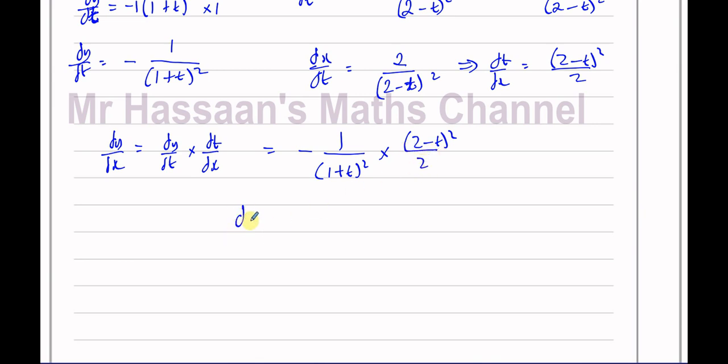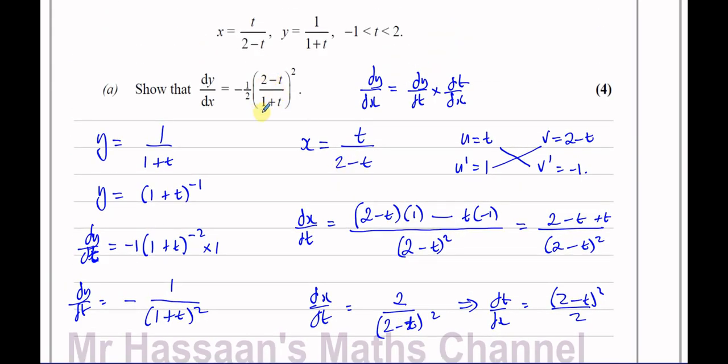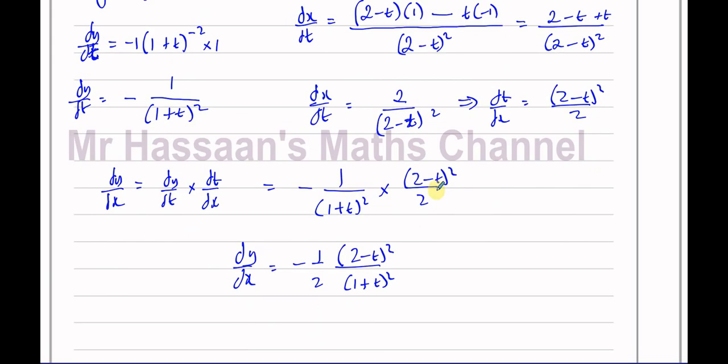So we can therefore say dy dx is going to be minus 1 over 2, that's that number. And then you'll have on the numerator 2 minus t squared, and on the denominator 1 plus t squared. Now they want us to write the answer in this form, where these two are in one fraction all squared, and it's exactly the same thing.